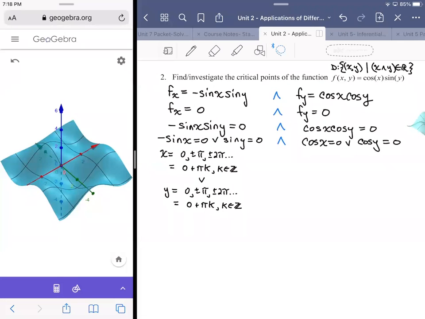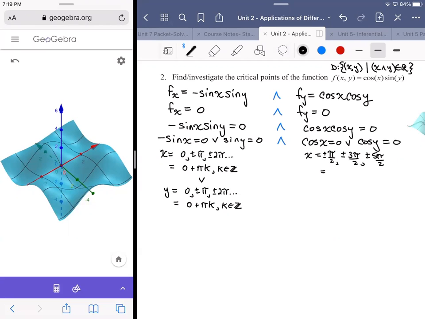But then we look at the same thing, but for cosines. Same idea for cosines. Cosine can be equal to 0 whenever you're on the y-axis. So that's pi over 2, and 3 pi over 2, 5 pi over 2, and so on. So I'd be looking at x equal to pi over 2 plus or minus 3 pi over 2 plus or minus 5 pi over 2.